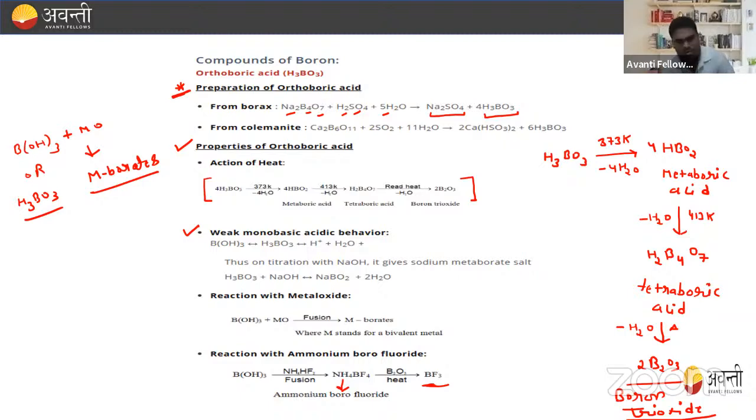Now, ammonium borofluoride reacts with B2O3 in the presence of heat to give BF3, right? Which behaves as a Lewis acid. So I hope this is clear to you.